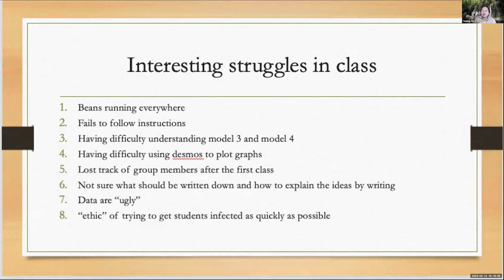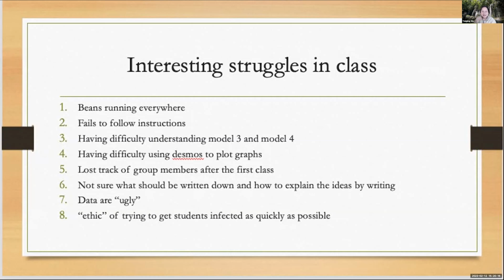And like I said, models 3 and 4 are harder to understand because they are implicit functions. People feel less comfortable using decimals without my detailed instruction, which I wasn't aware of as a challenge earlier. Other challenges are losing track of group members.